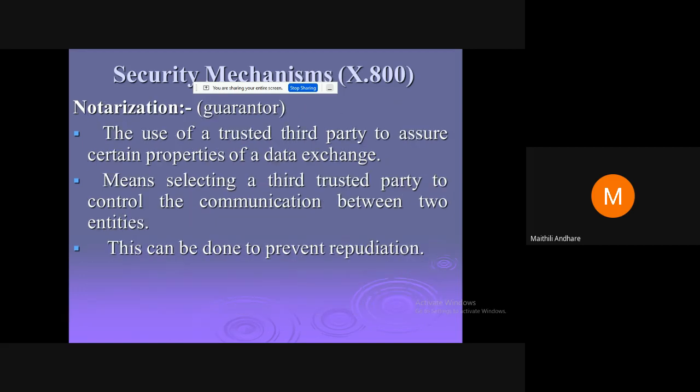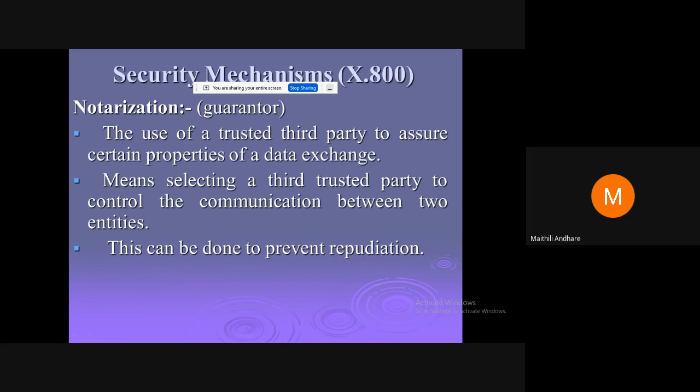And the last one is notarization. So notarization, the same word I have used, that is the guarantor. All of you have come across this terminology or concept. When we want a loan, at that time we require a guarantor. That guarantor is also called the third party, but a trusted third party.